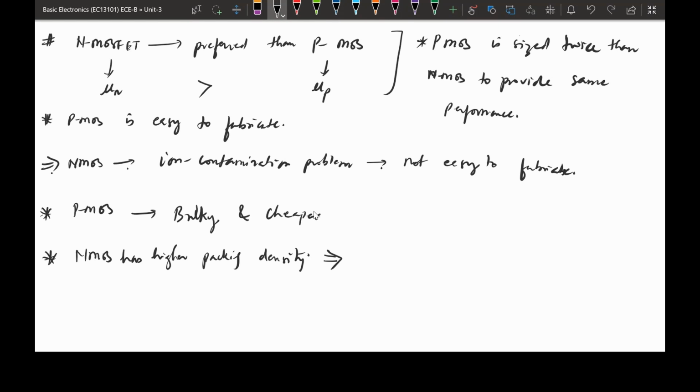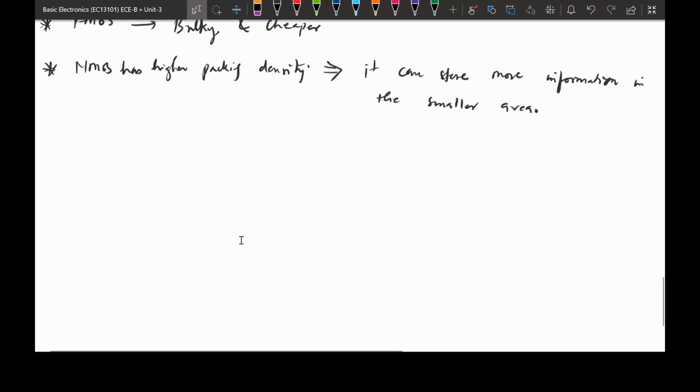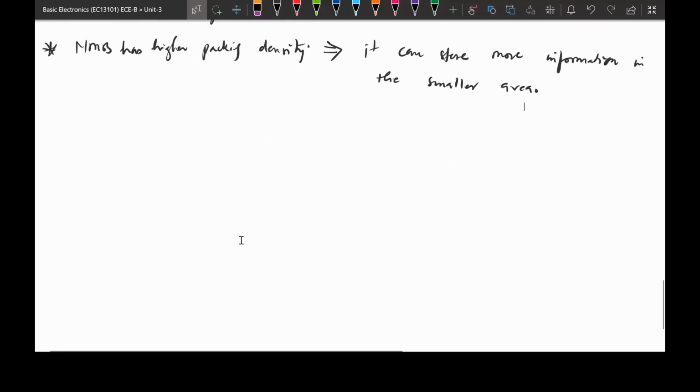What it implies is that it can store more information in a smaller area.